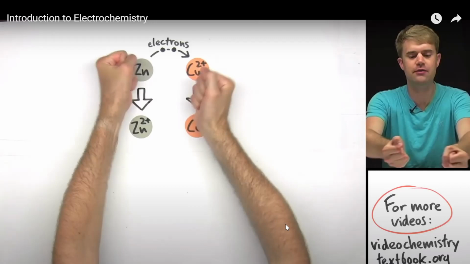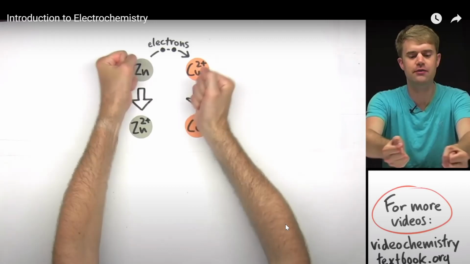Okay, so let's just make sure we filled in our blanks. The galvanic or voltaic cell creates, what does it create? Electricity using a chemical reaction. If you take a zinc atom and put it near a copper ion, electrons naturally move from the Zn to the Cu2+.